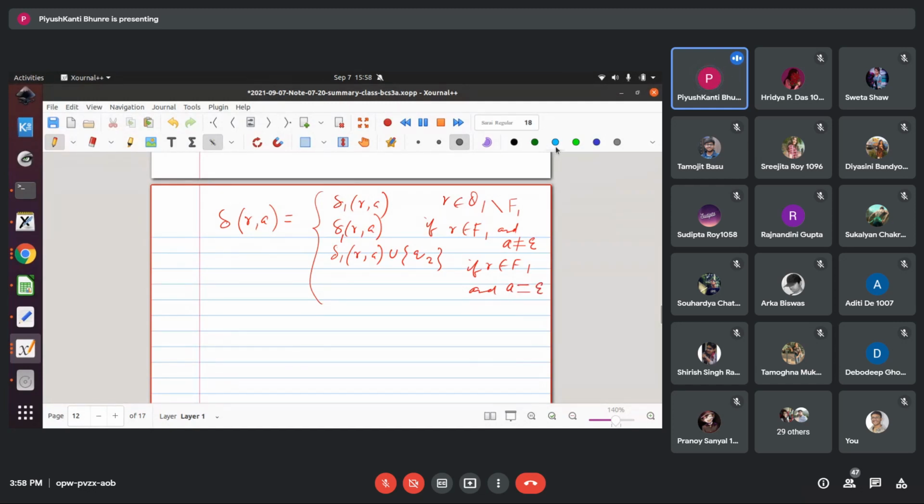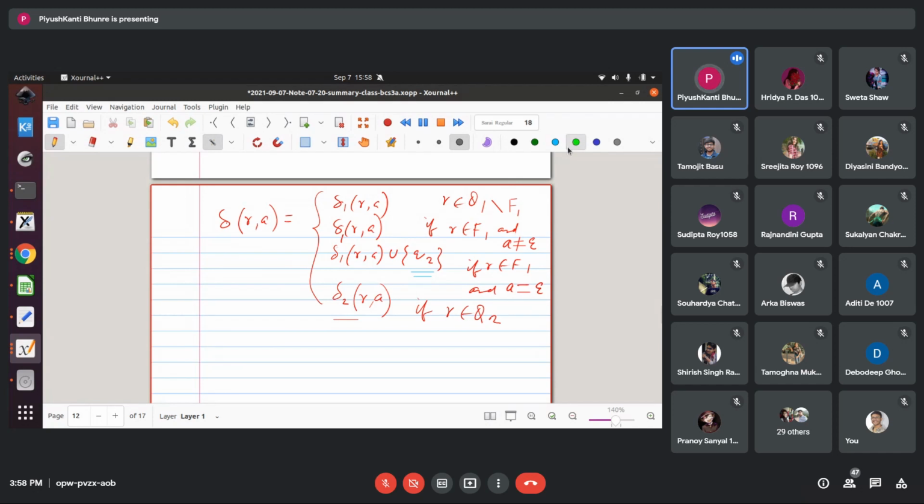The inclusion of this Q2 actually tells about the epsilon move. Next, if R belongs to Q2, in that case we simulate by delta 2.